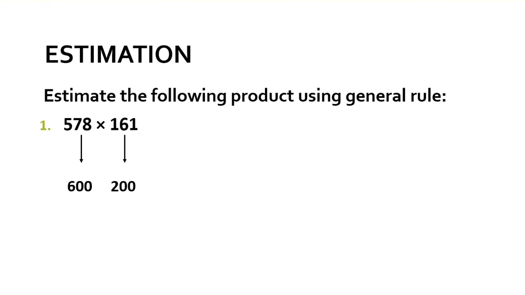And when we find the product, we have two zeros in each, 600 and 200. So in the product, we should have four zeros. This is how we make the calculation of the product also in an easy way. We won't get the actual result, but we will be making our calculation faster. When we are not dealing with the actual results, we can go for estimation.